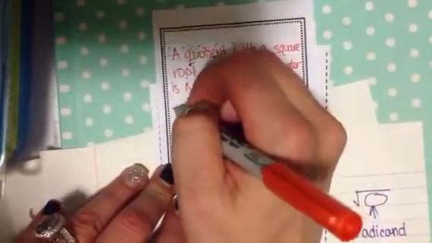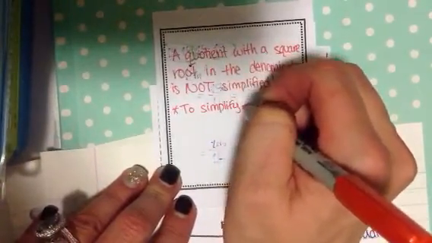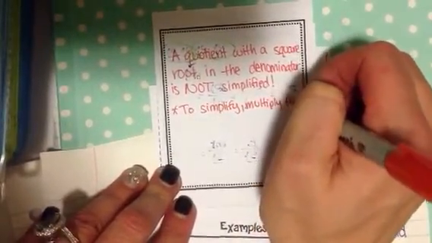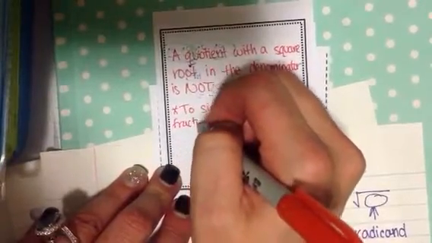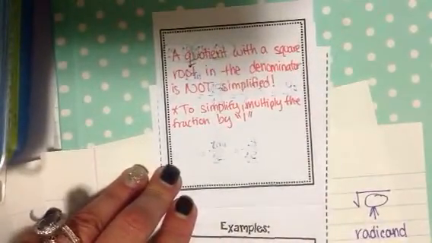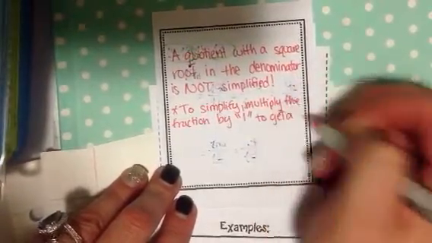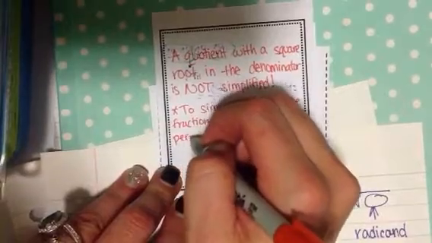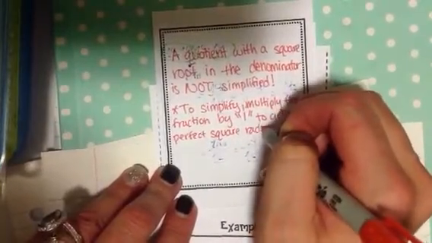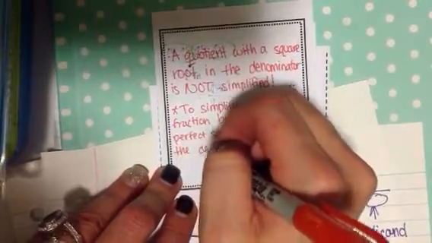So I want you to write that to simplify, you need to multiply the fraction by 1, so it's not really going to be a 1, it's going to be a fraction that equals 1, to get a perfect square radicand in the denominator.